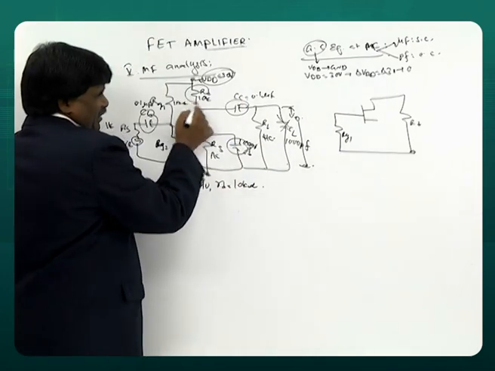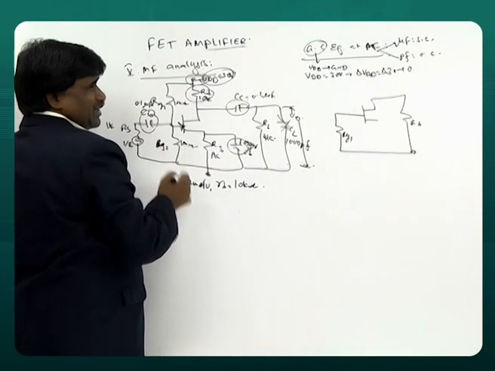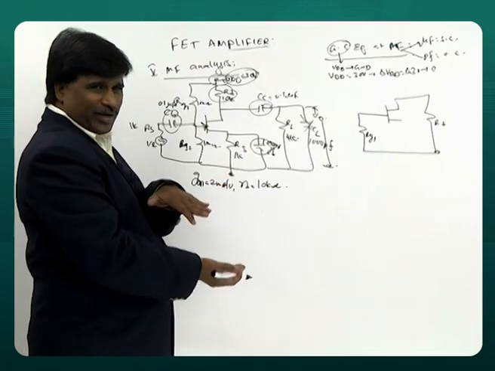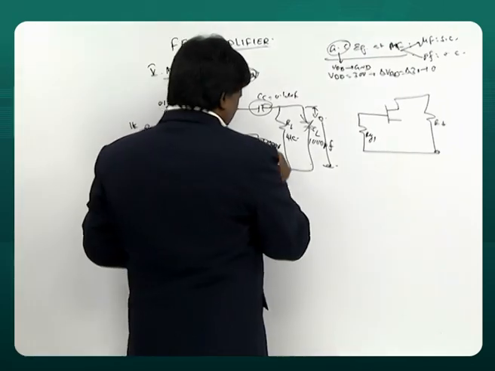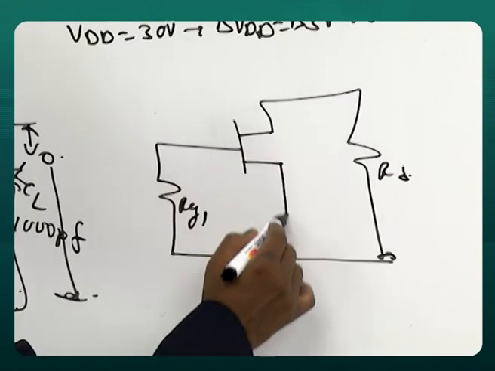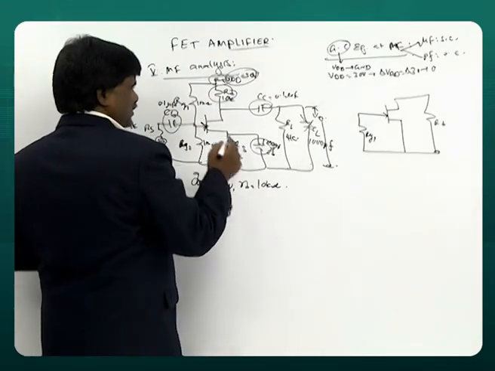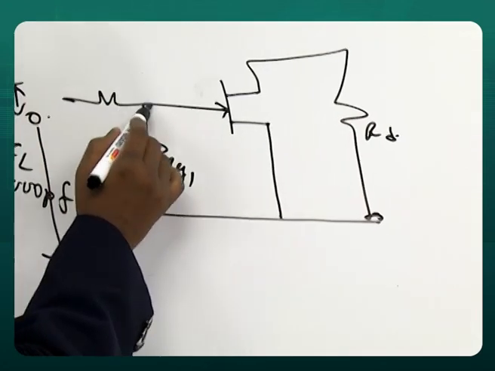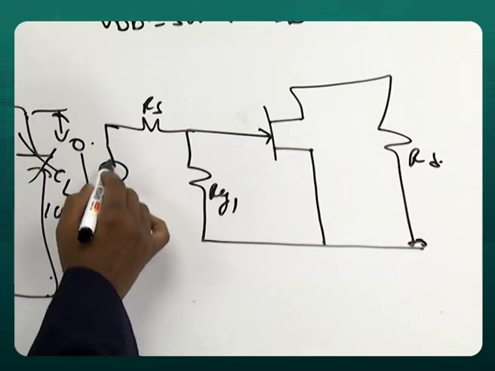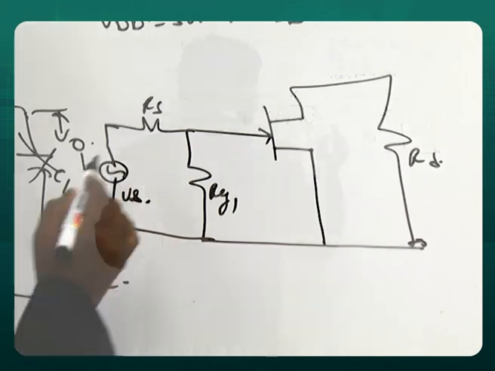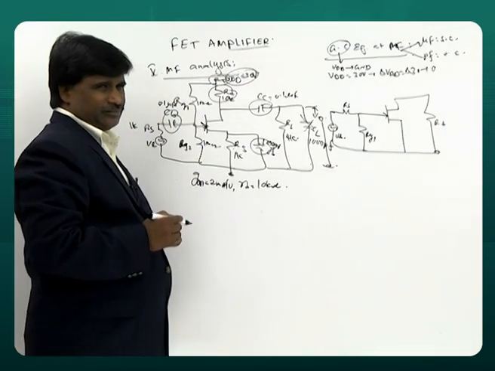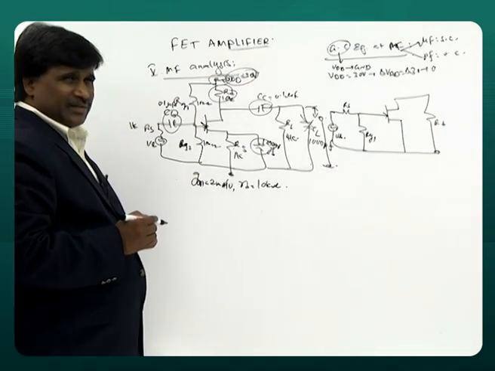So this coming down and this coming down, it's just like a folding down actually. And this is short circuit, because this is shorted, this is shorted. And you have RS here, VS here. Understand?